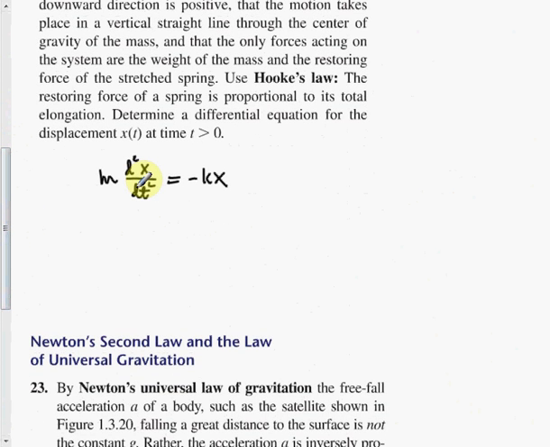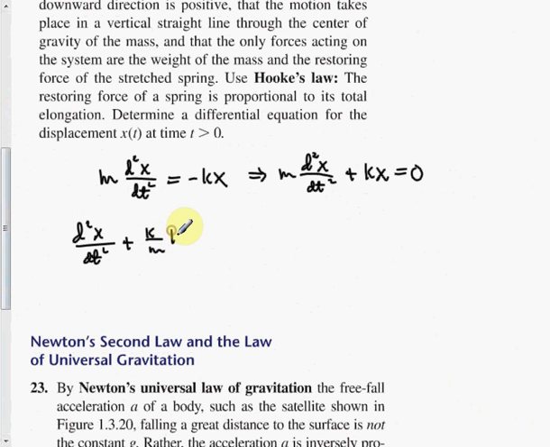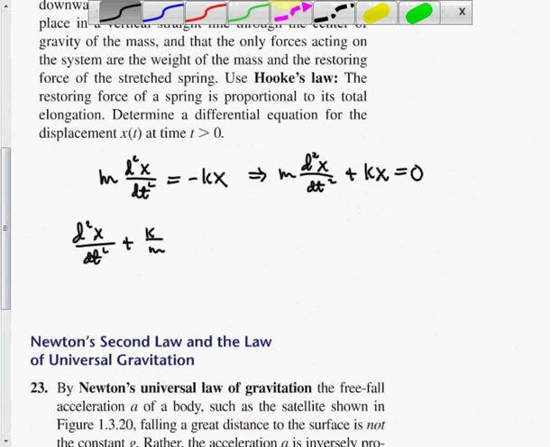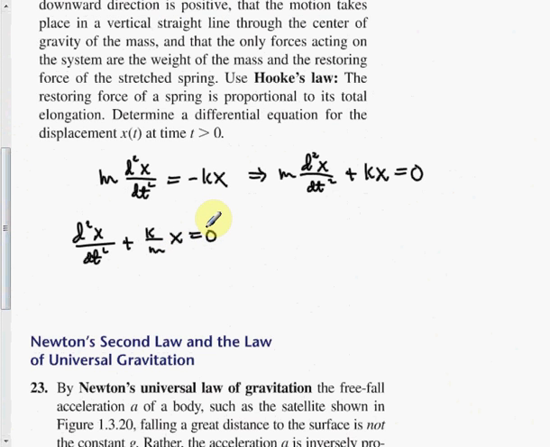The equation that we end up using for this is, and we'll solve these problems when we get to that chapter, plus kx equal to 0, and then we divide through by the m, so we have this second derivative with respect to the time plus some k over the mass times x is equal to 0.